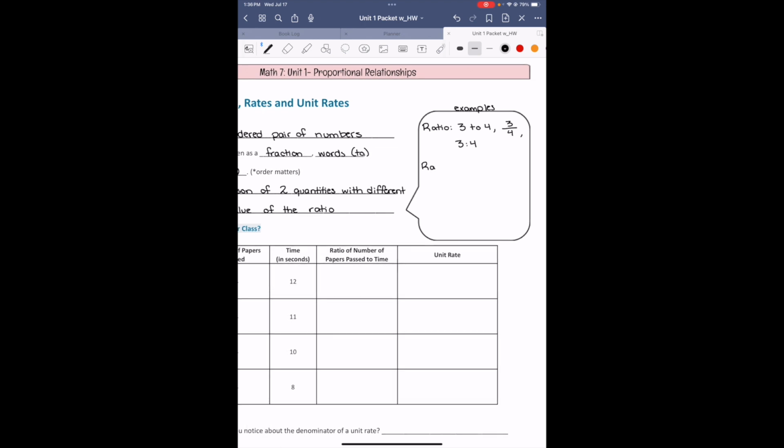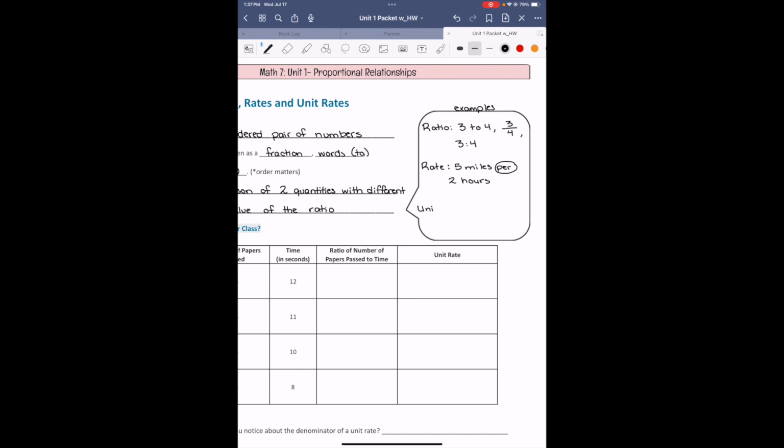My rate is going to be a comparison of our quantities with those units. So for this example, we're going to say 5 miles per 2 hours. And I'm going to have you circle the word per, because that's a key word that we're going to see quite often, and that tells us something specific.